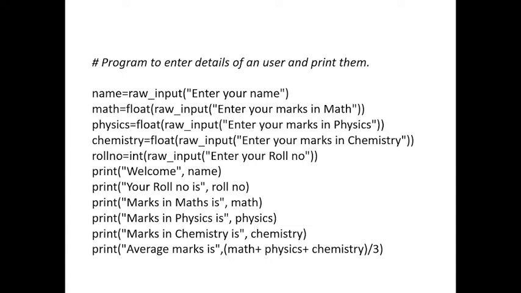So here the three input values, mathematics, physics and chemistry, are added and divided by 3, which is nothing but the average. The name, the math, physics and chemistry values will be stored, and the total average will be displayed.